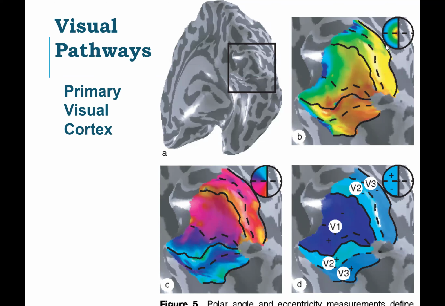So this is something that's special about the fovea again. The point that you're focusing on gets magnified in the visual cortex. So a big part of visual cortex is dedicated to processing information at the fovea, and we call that foveal magnification. Versus the periphery, which gets kind of squished, so a relatively much smaller cortical area is dedicated to processing the peripheral visual input. And that's why, again, we're very good at foveal vision.